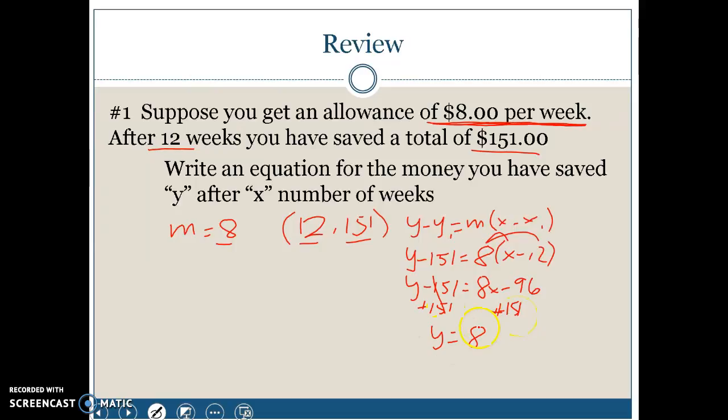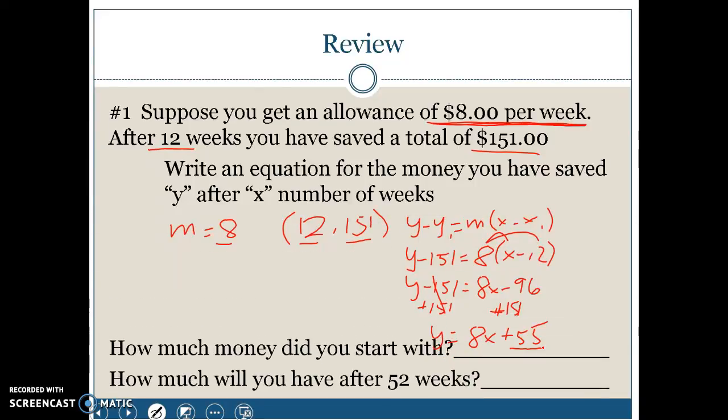So it's y equals 8x, and then 151 minus 96 is, let's see, 55, I think. So plus 55. That means you get paid in your allowance $8 a week, but you must have started with $55 before this allowance even started.